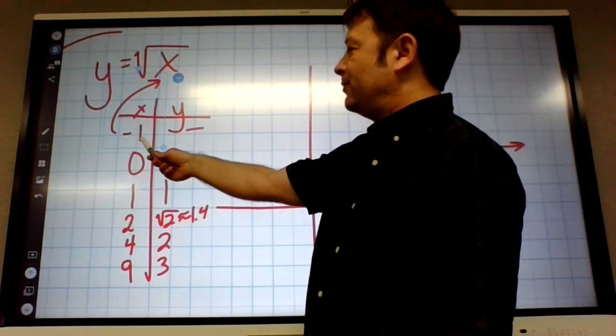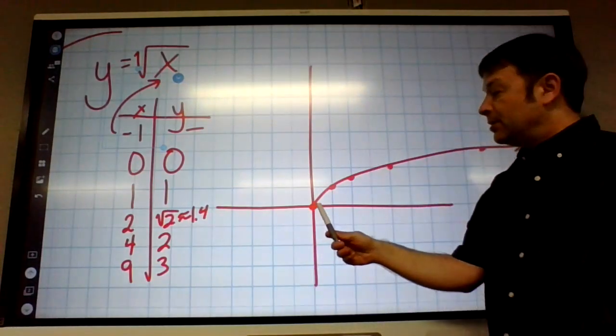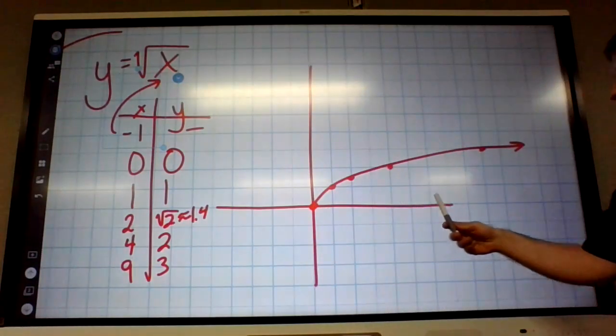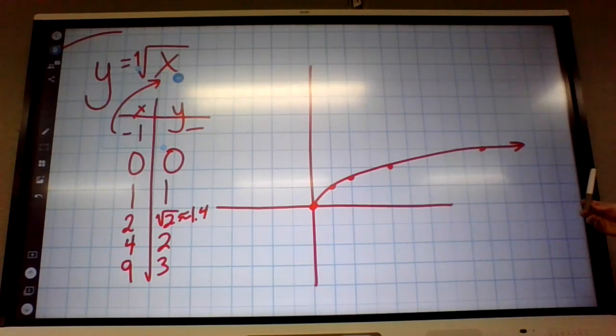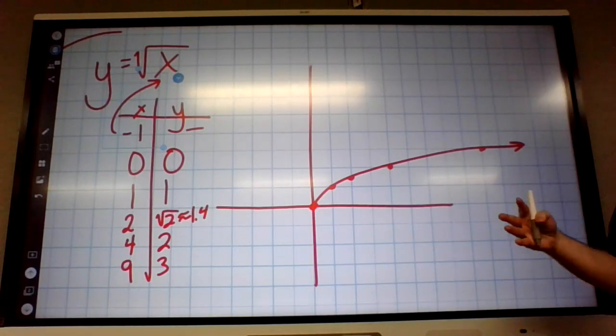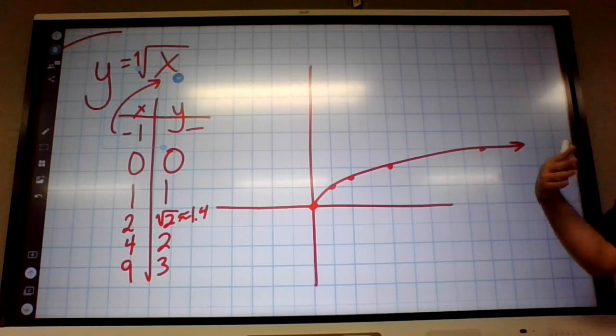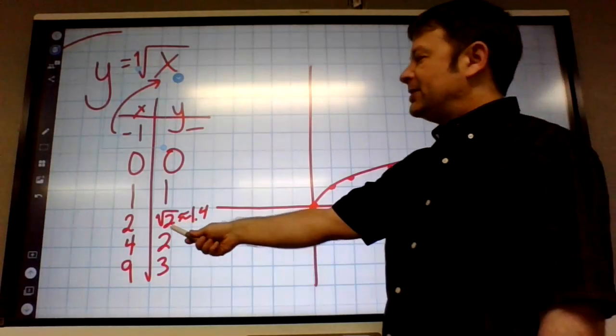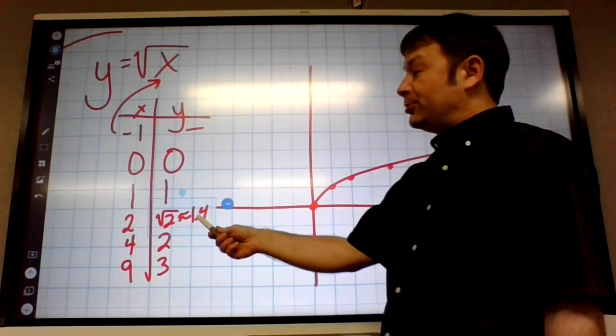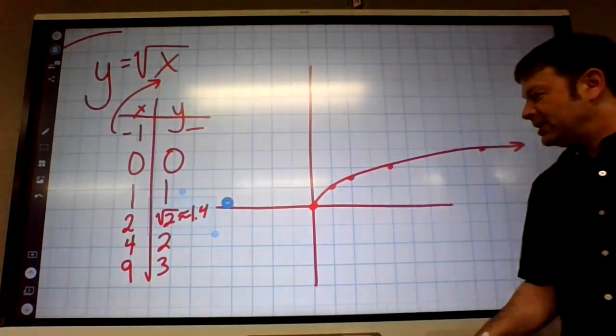We couldn't use -1, it didn't work, so we had to start at 0. So all the x values above 0, are they going to work? Yes. Because everything above 0 has a square root, a million, a billion, a trillion. That's all fine. It doesn't have to come out pretty. Most of them are decimals, but it does all work.